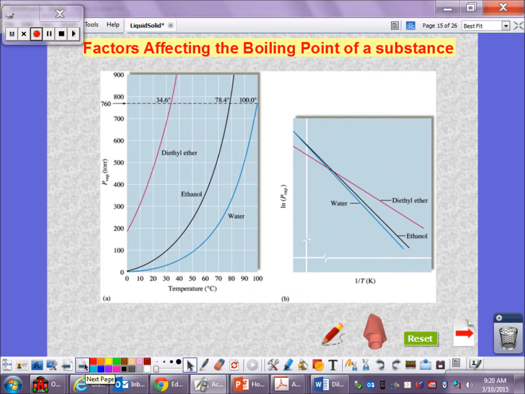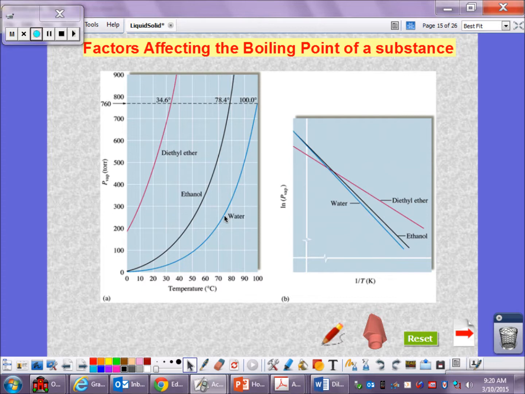Factors affecting the boiling point of a substance. If you look at that diagram, this is pressure versus temperature. This is diethyl ether, this is ethanol, this is water.